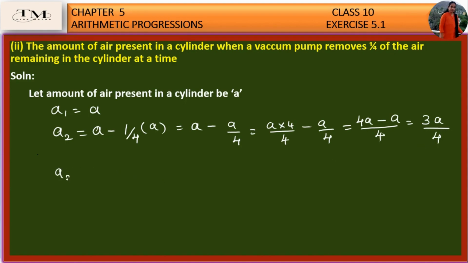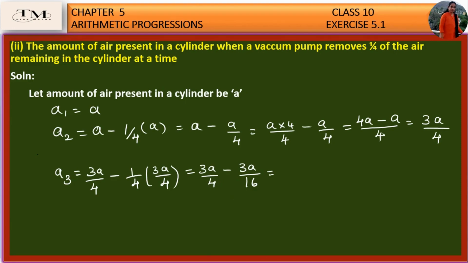Next, A3. So A3 is nothing but the remaining air is 3a by 4. From 3a by 4, we are taking out 1/4 of the air. So 3a by 4 minus 3a by 4, and 4 fours are 16. So we have to make the denominator the same.